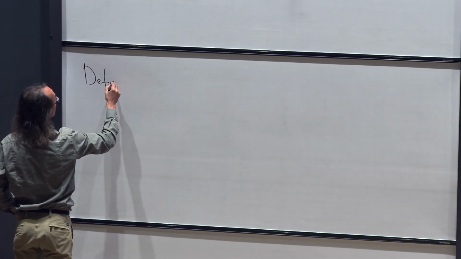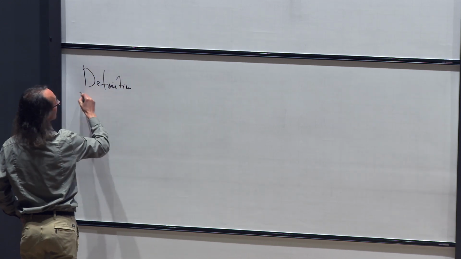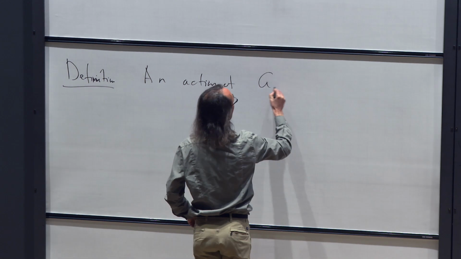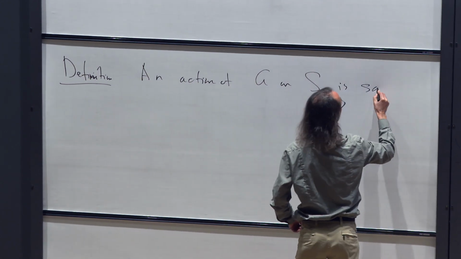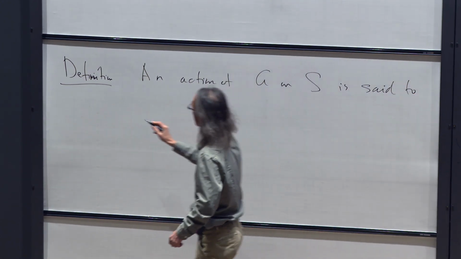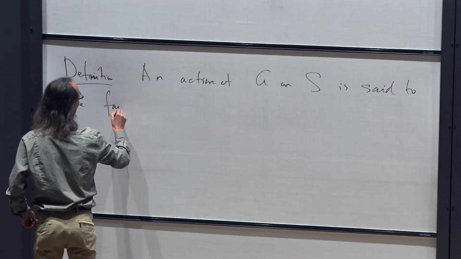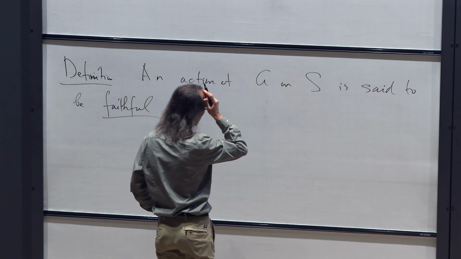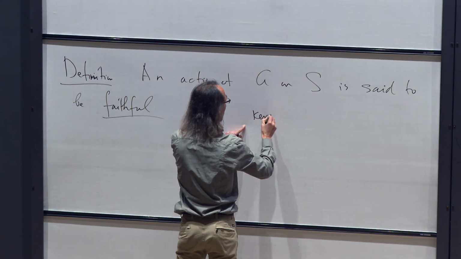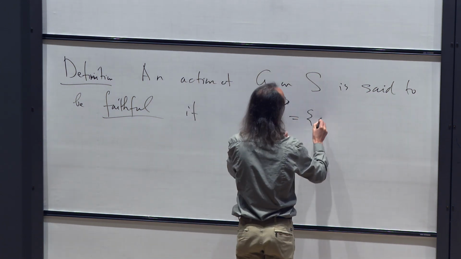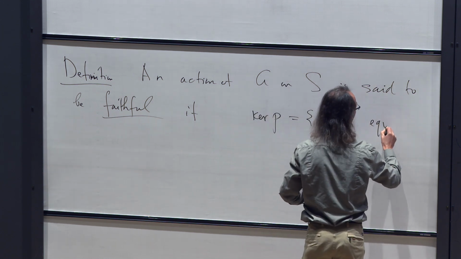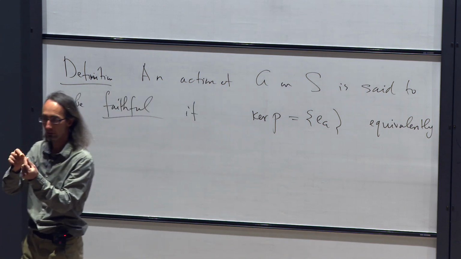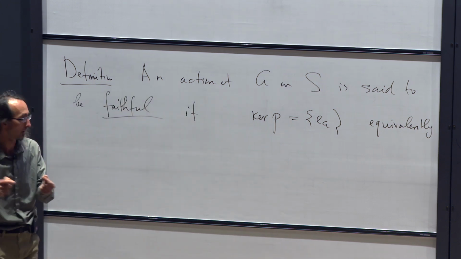Definition: an action of a group G on a set S is said to be faithful if the kernel of the associated homomorphism is the identity, or equivalently, the only element of G which does nothing on the elements of S is the identity.